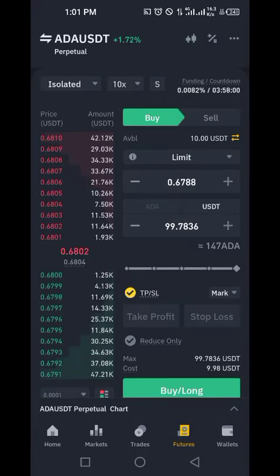So this is how you make profit. If I had been on spot trade, if I trade with $10 and the market moves 10%, I'll be earning just $1. But if I am on futures, trading with $10 on 10x, if the market moves 10%, I'll be making $10.